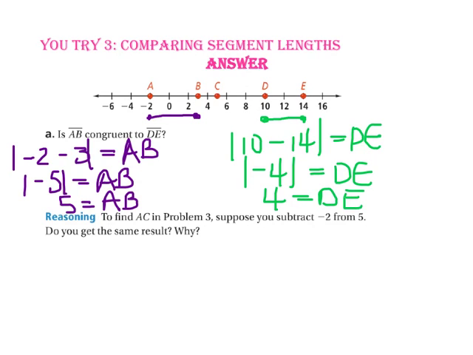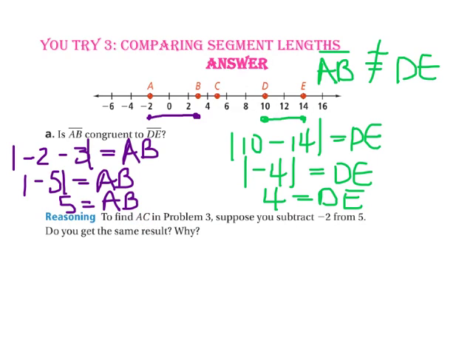Since 5 and 4 are not equal, we would say that segment AB is not congruent to segment DE. In the reasoning portion, they want to know if we subtracted -2 from 5 instead of 5 from -2 in problem 3, would we get the same length for segment AC?